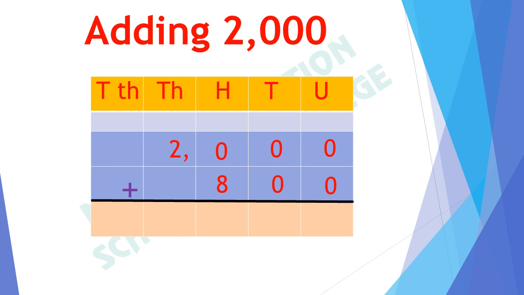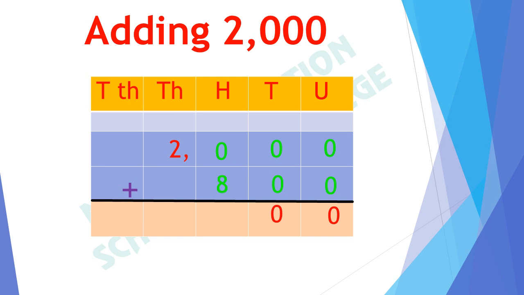Now we will add 800 and 2000. We start from the units. If we add 0 and 0, we get 0. In the tens column, there is also 0 and 0. If we add zeros, we get 0. Then we move towards the hundreds. In the hundreds column, we have to add 0 and 8.